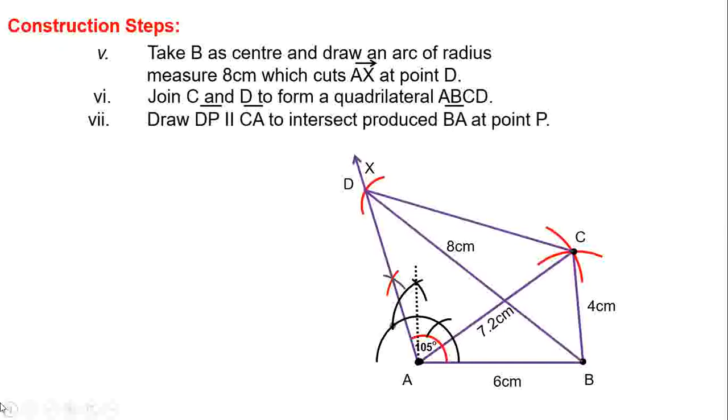Draw DP parallel to CA to intersect produced BA at point P. In step number 7, it is written that draw DP parallel to CA, and you are shown in this way.